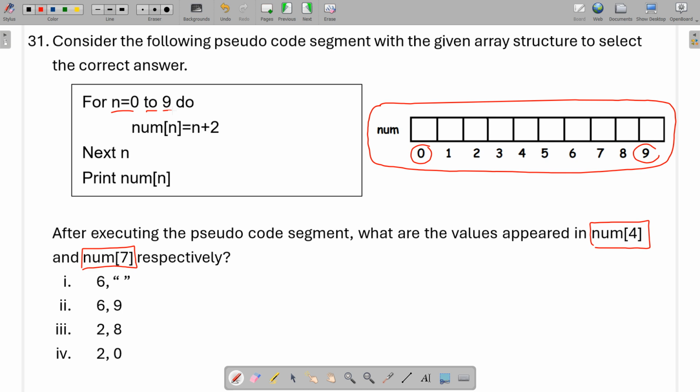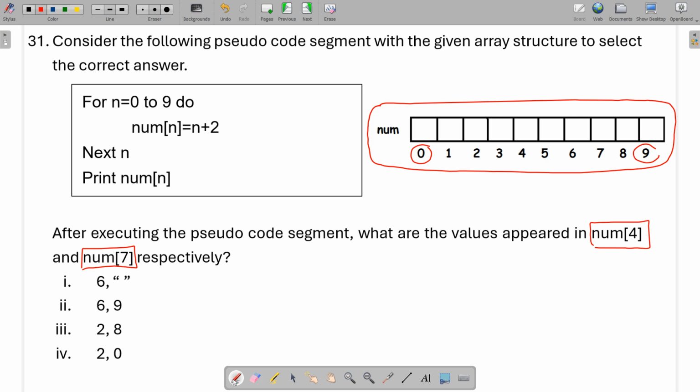So n will start at 0 at the very initial place and go up to 9. And inside the for loop it says num n equals n plus 2. That's the only statement that we have to execute, right? Okay, so let's do the hand tracing and see how this is going to happen.